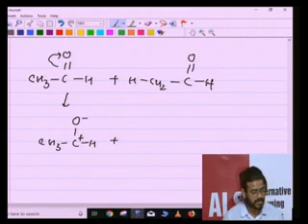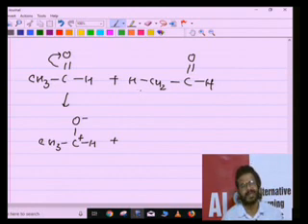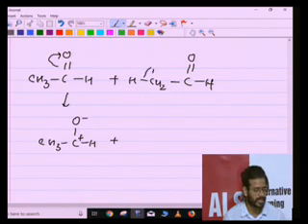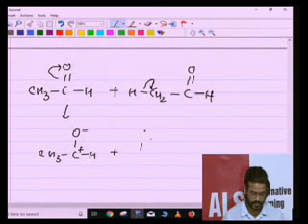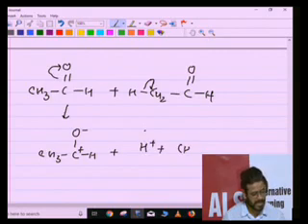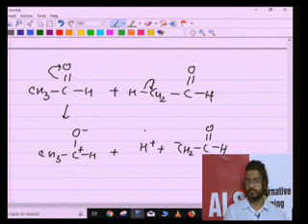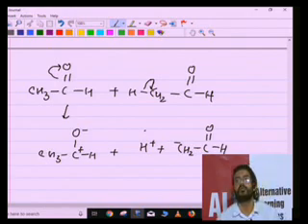The electronegativity of carbon is slightly greater than that of hydrogen, so if I dissociate this bond in this way, it will form H positive plus CH2 negative C double bond O H.